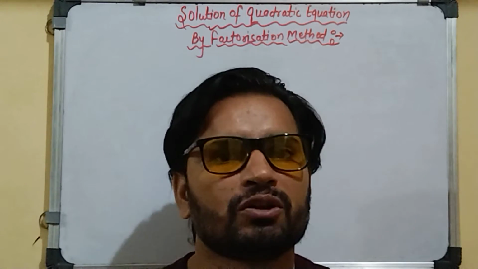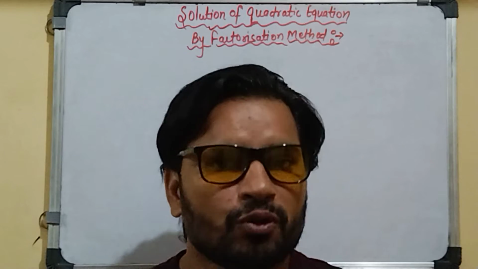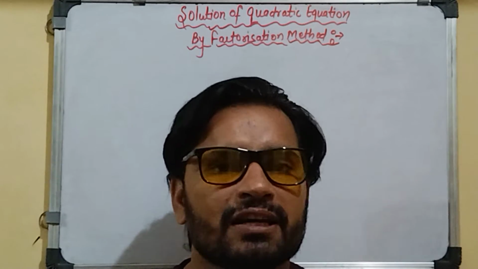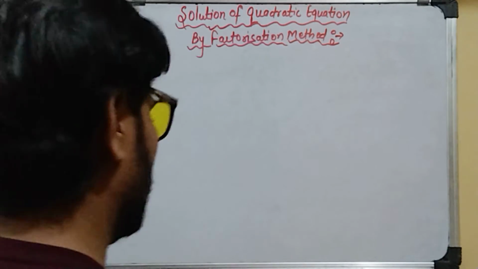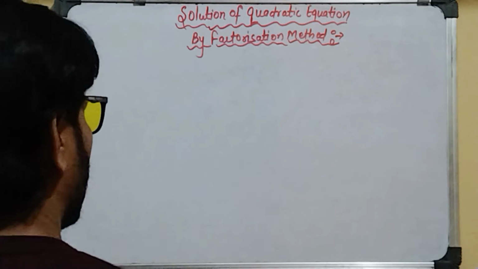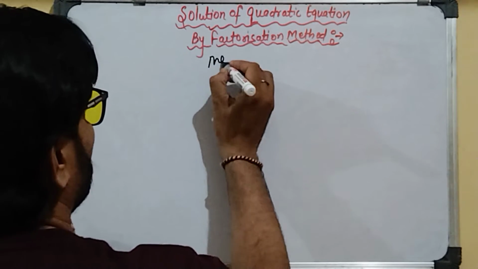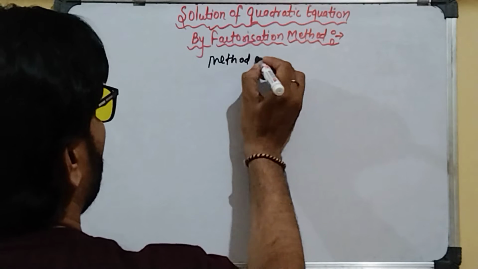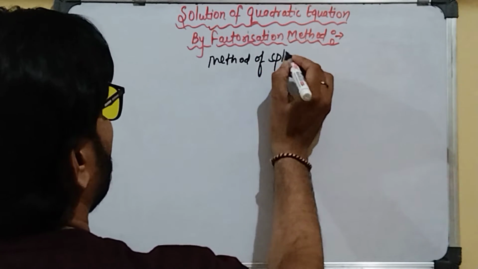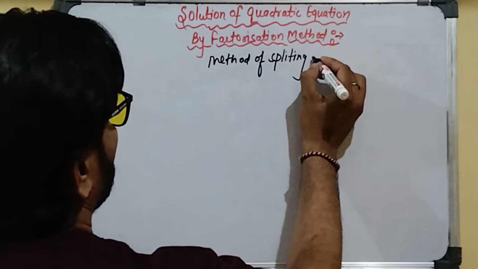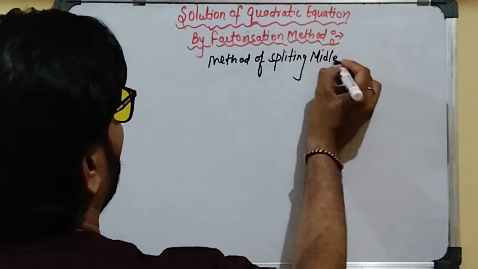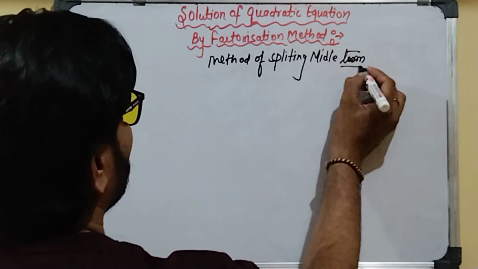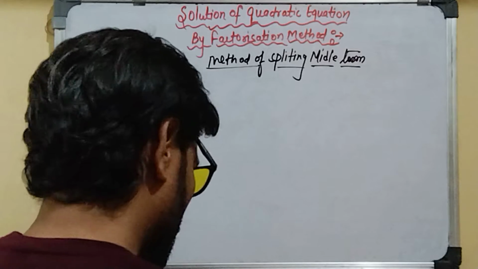Today I'm going to discuss the solution of quadratic equations by the factorization method, and in this method we are going to use the method of splitting the middle term. Okay, have you understood this?